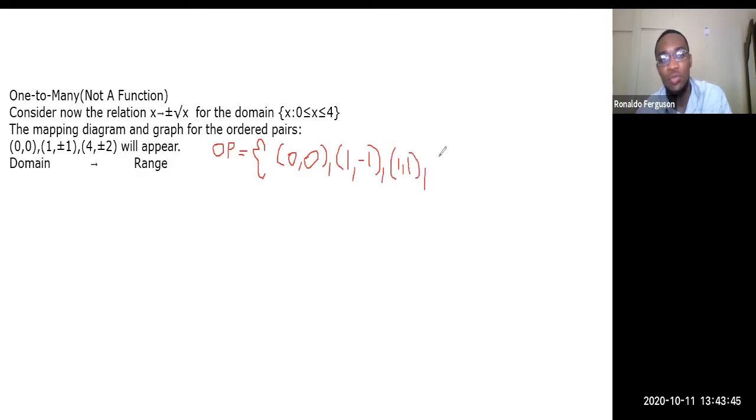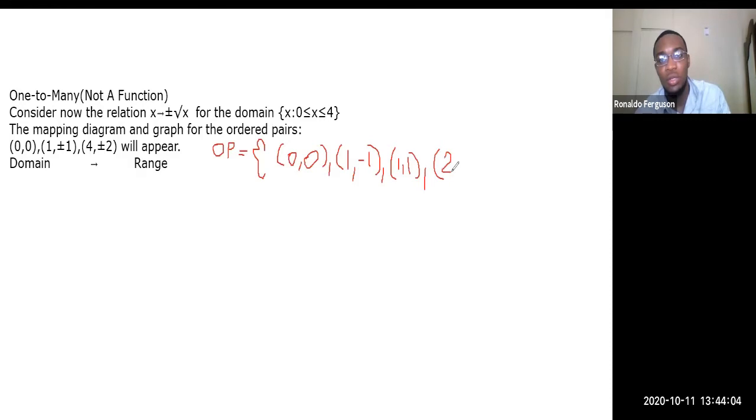Then when x is, this reaches all the way up to 4, but this is where x is between, so it skips 2. I don't know why it skips 2 and 3. So some of the ordered pairs are missing.